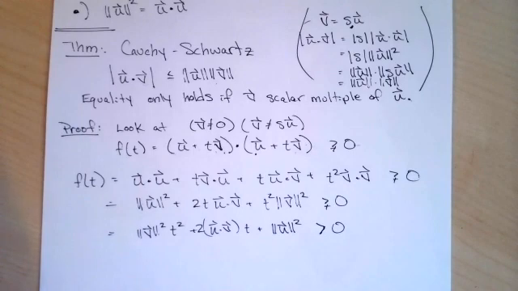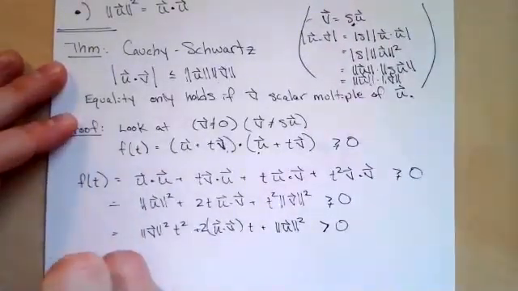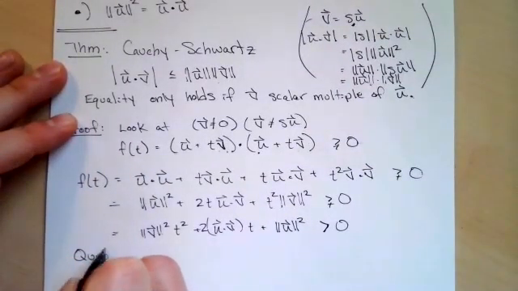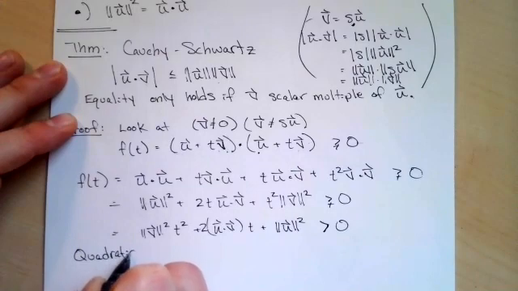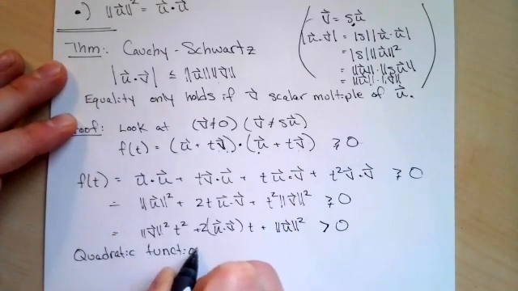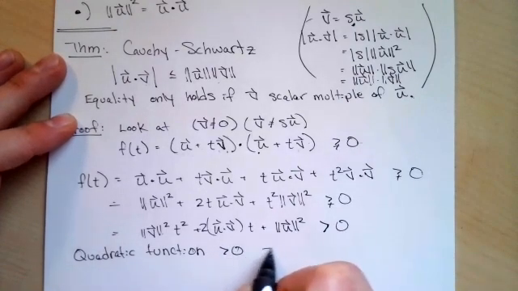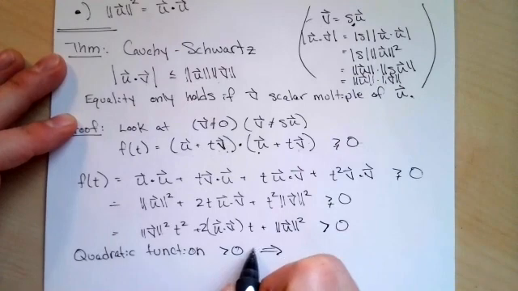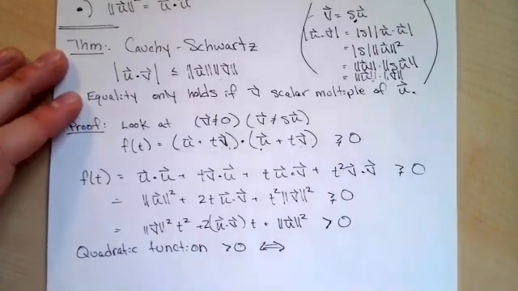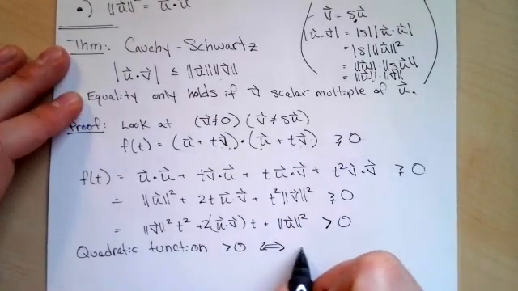And so from there, we can deduce, so quadratic function bigger than 0 implies from pre-calc, if not calc 1, that there are no zeros.